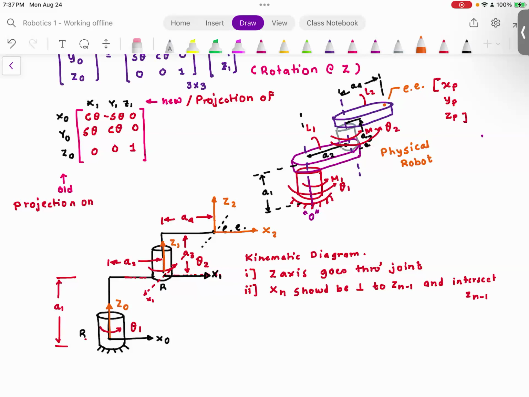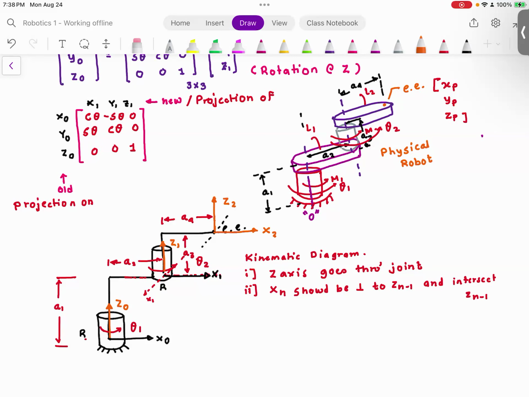Z2. Now I will complete this triad by the right hand coordinate system. Check this out. Thumb is X, my first finger is Y, my middle finger is Z. Now I have X naught here and Z naught here. You agree with me? My Y naught needs to go inside the board.